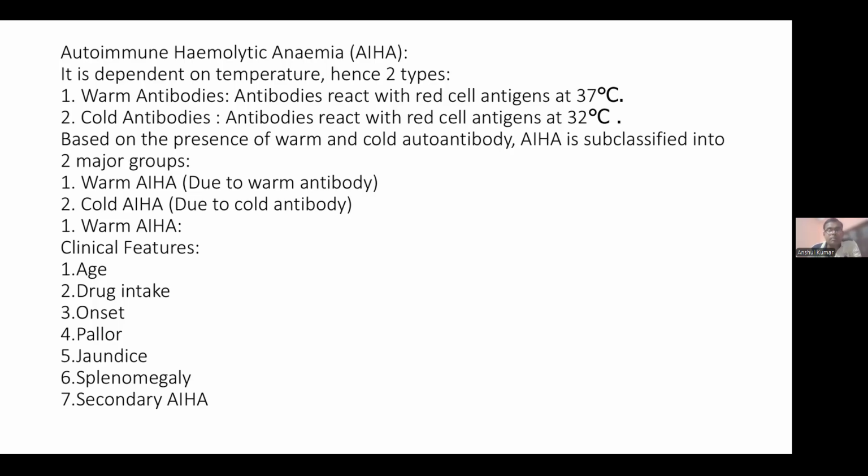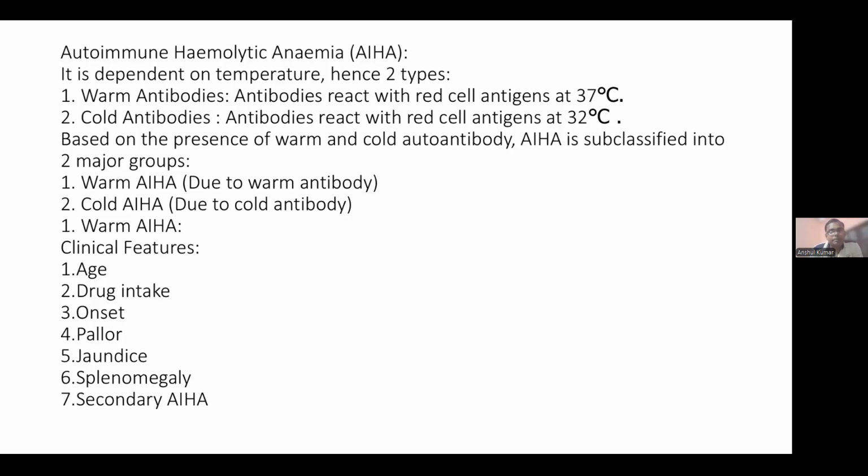In the tail, the down part is the Fc portion, the upper part is the Fab portion. All warm IgG antibodies mediate hemolysis via this mechanism, that is, phagocytosis of antibody-coated red cells by the spleen through the Fc portion of the antibody-RBC complex.